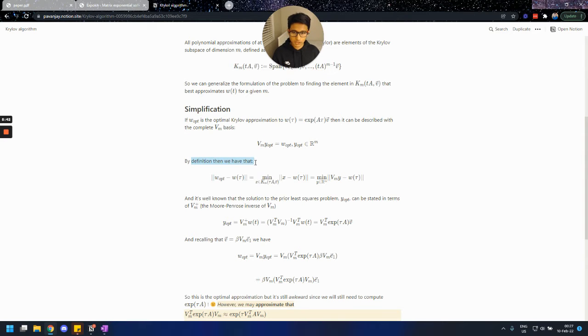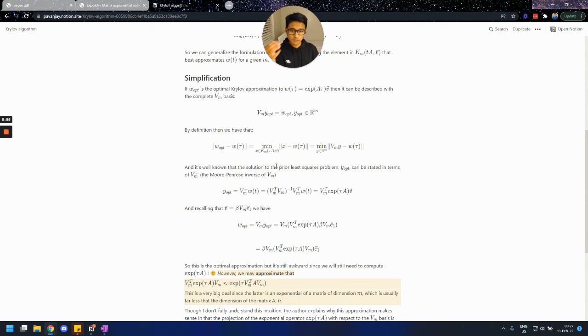So then by definition, we have that the closest distance from our optimal approximation to the actual W of t that we're trying to approximate is going to equal the minimum distance between the best element of the Krylov subspace and what we're trying to approximate.